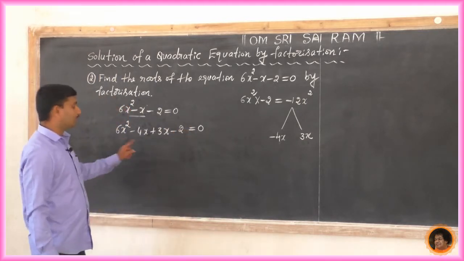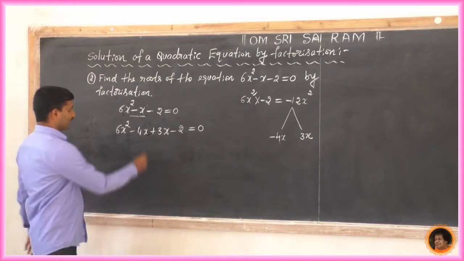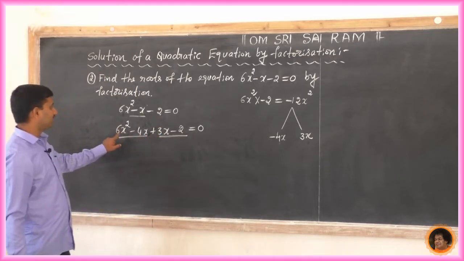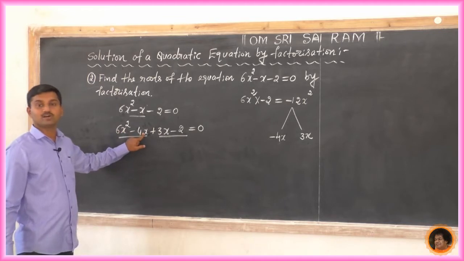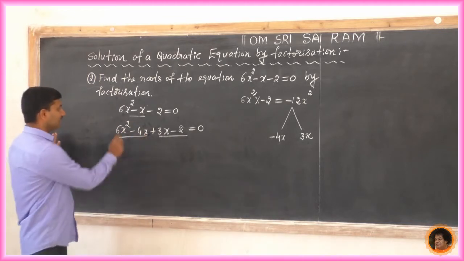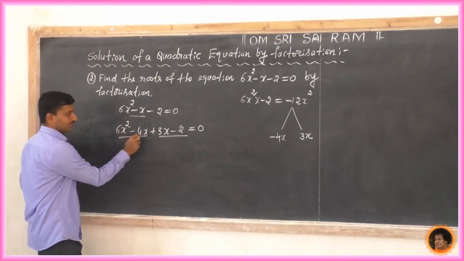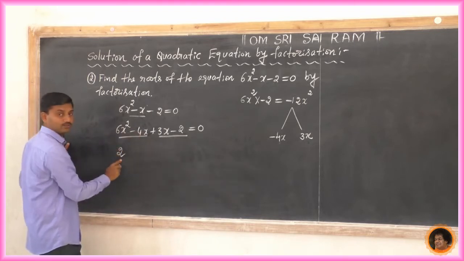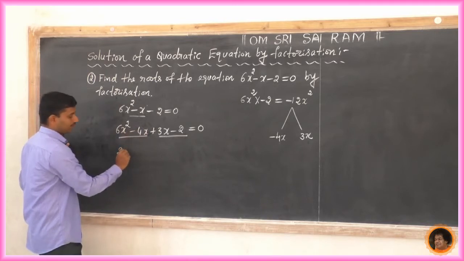Make groups of two terms: the first group and the second group. Is there any common factor in 6x² and 4x? What is the common factor? The HCF of 6 and 4 is 2, and for x² and x the common factor is x.